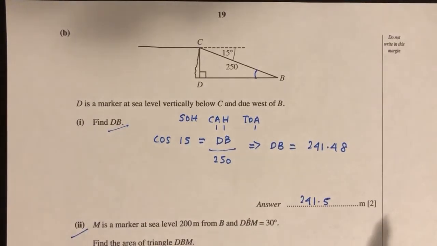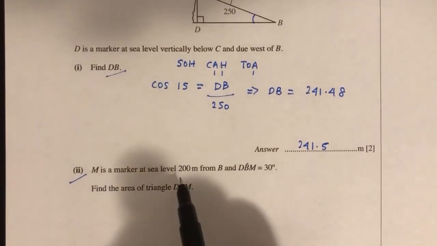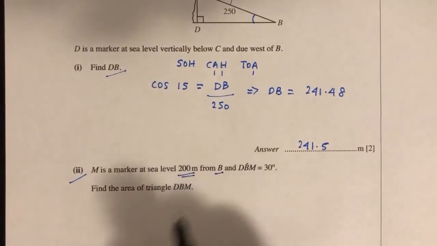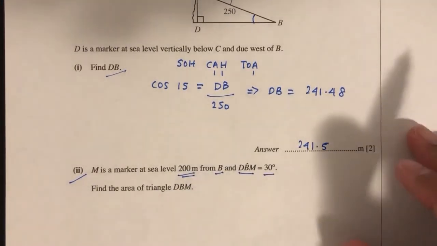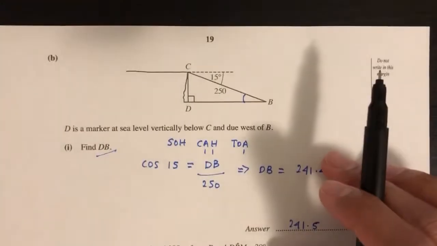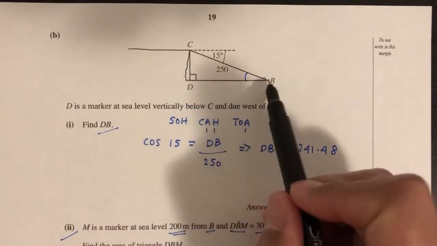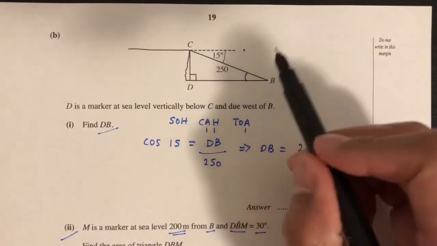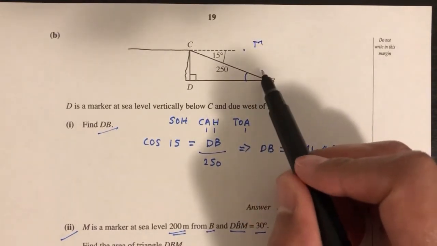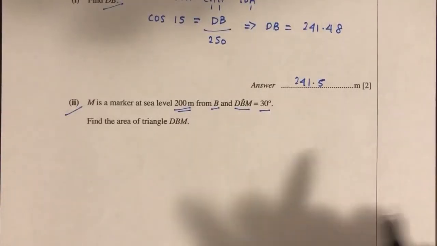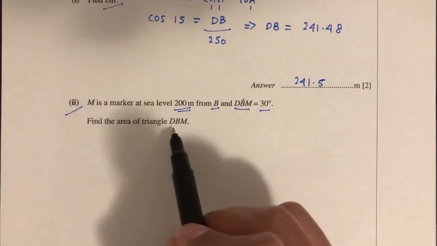Now part 2, M is a mark at sea level, 200 meters from B, and the angle DBM is 30. Let's say M is somewhere here, and the angle here should be 30. So let's draw this triangle. Find the area of triangle DBM.